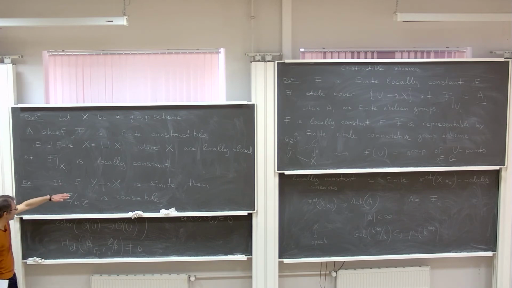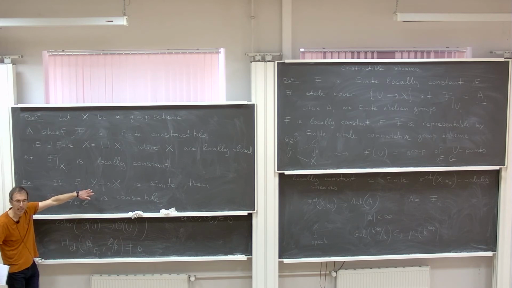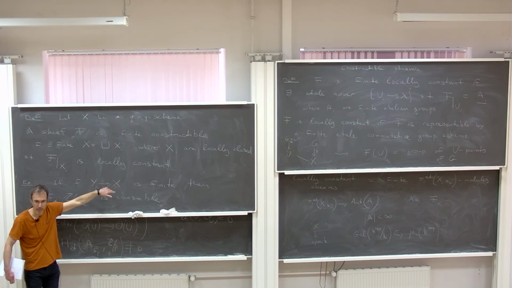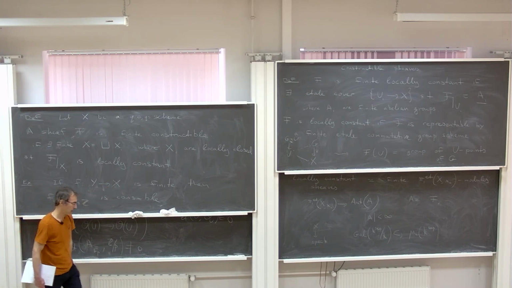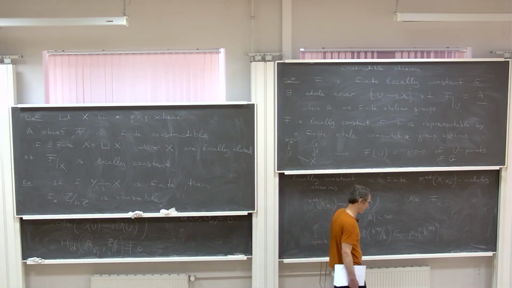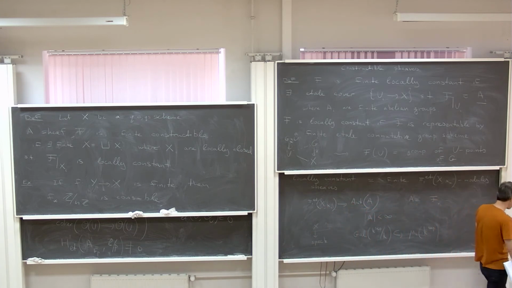So suppose that it's in characteristic 0. Then I can construct a stratification of X such that over each stratum, this map is étale, right?